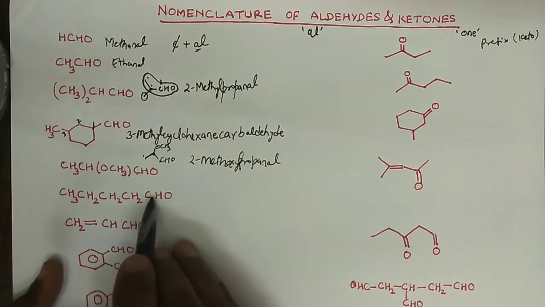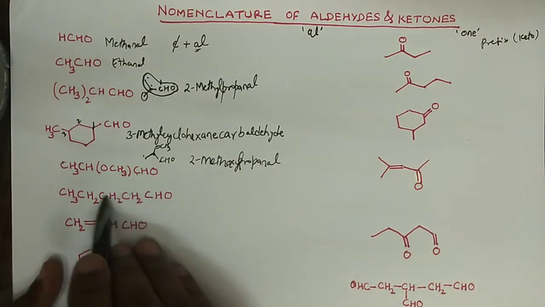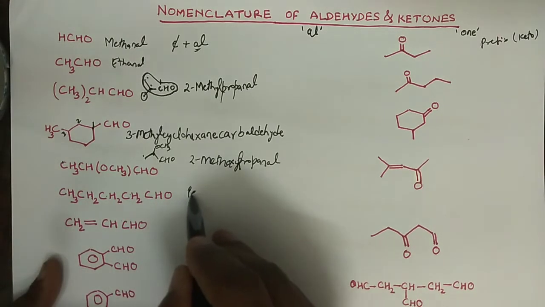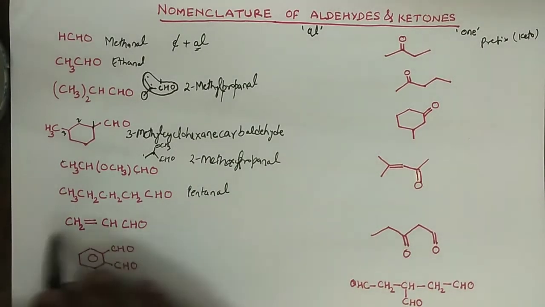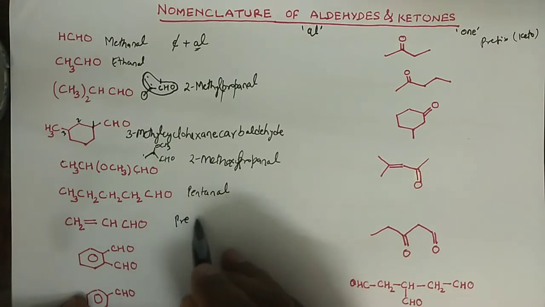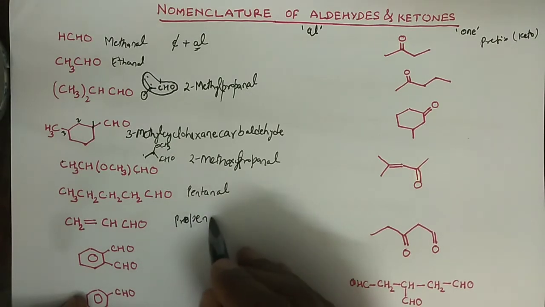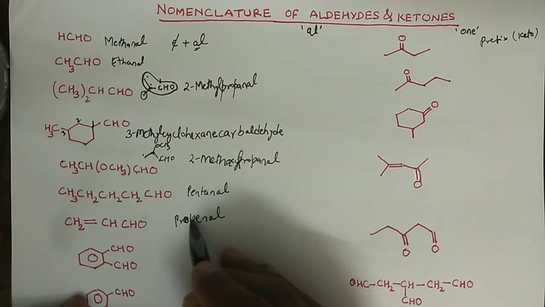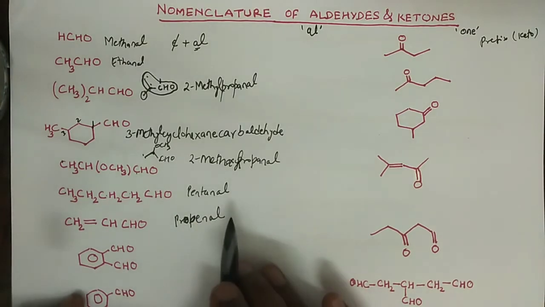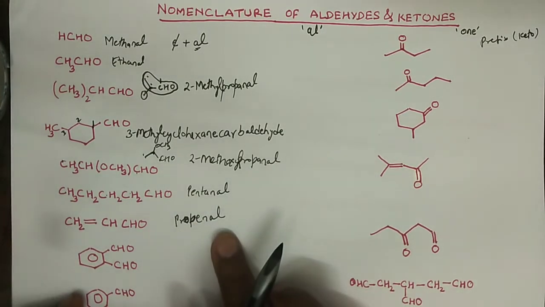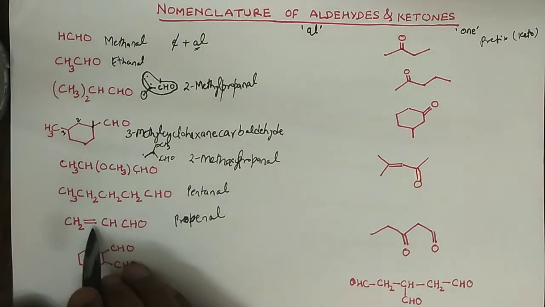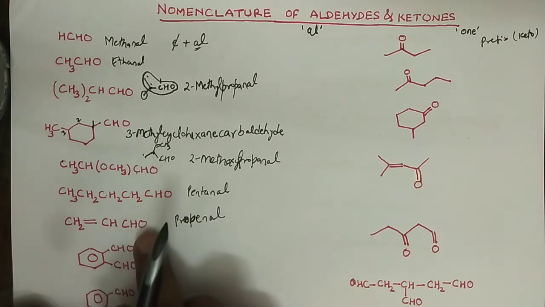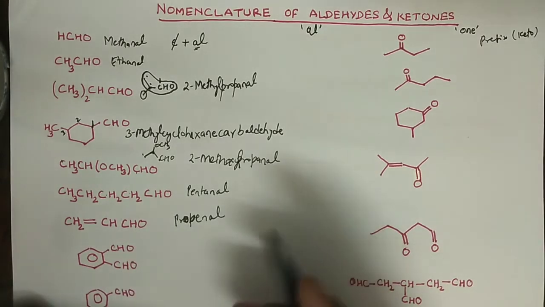And the name for this will be 1 2 3 4 5. It will be pentanal. And for this we will have propenal. Do not enter any numeric position because it is not confusing, because in propene you can put the double bond only at this position if you have the aldehyde at this position, right?